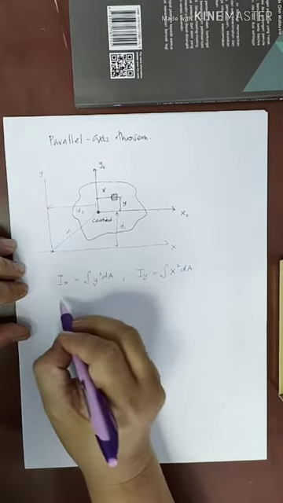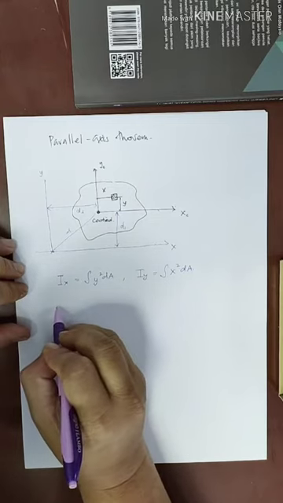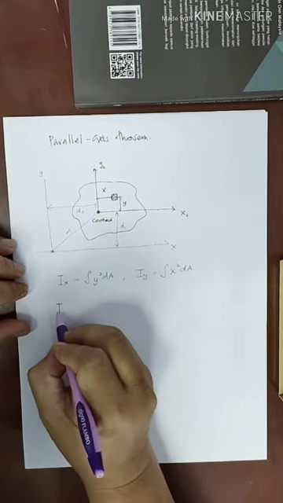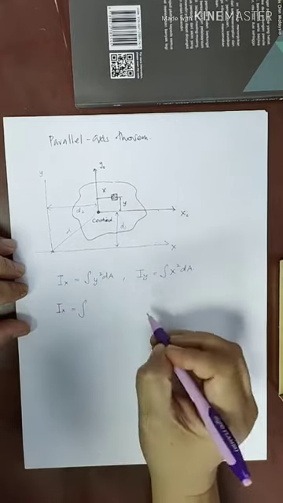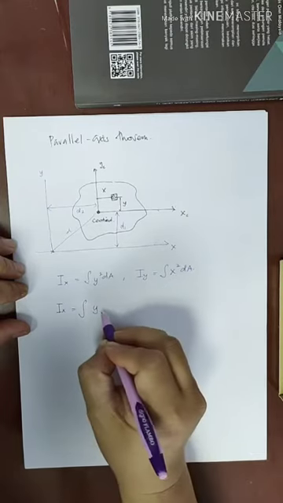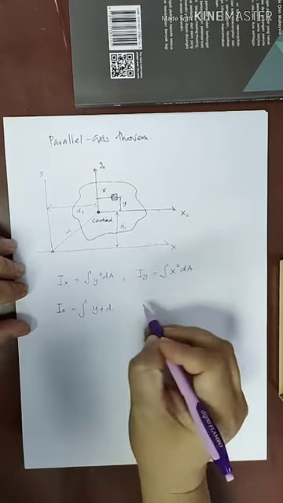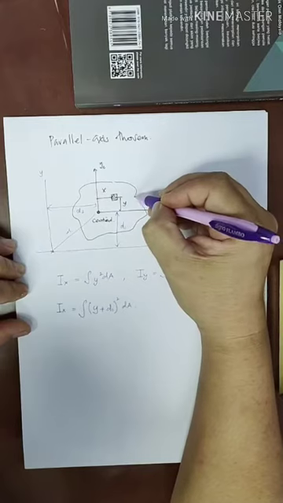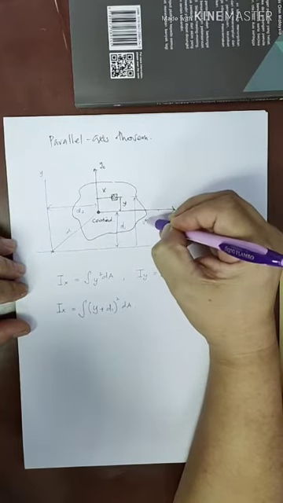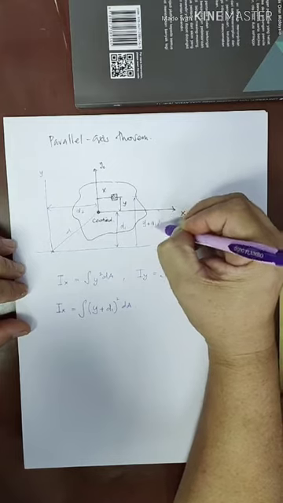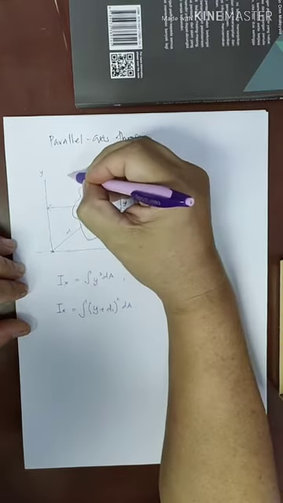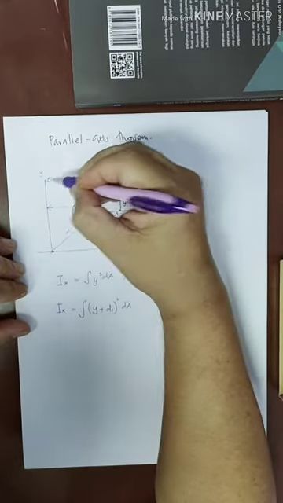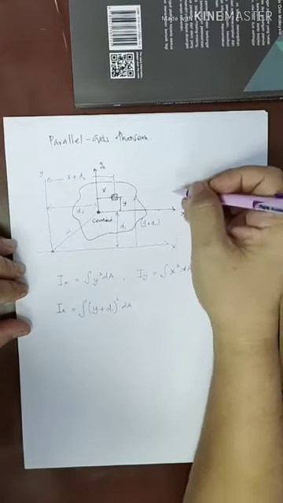Okay, by referring to the parallel axis theorem, Ix has become y plus d1 square dA. Okay, so this is y plus d1, whereas here you have x plus d2. So this is the parallel axis theorem.